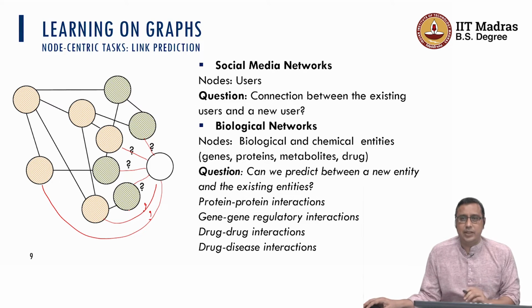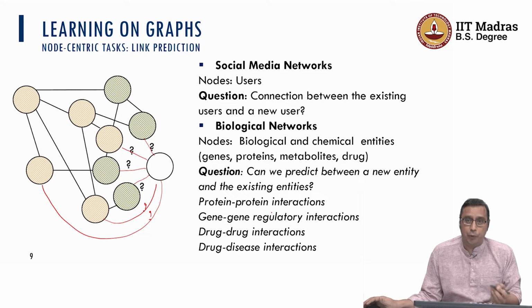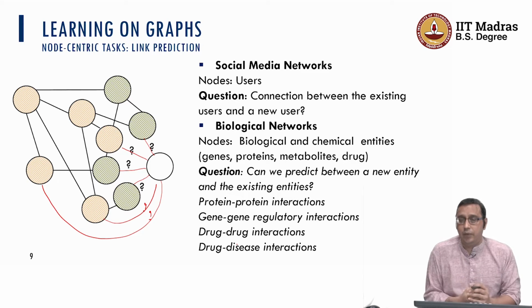The question we can ask is, can we predict an interaction between a new entity and the existing entities? For example, for protein-protein interaction we want to predict for a new protein. Gene regulatory interactions we want to predict. Drug-drug interactions sometimes we want to predict, particularly to understand the side effects and those aspects. Drug-disease interactions we want to predict, whether a new drug will be effective on a given disease based on past drugs which have been effective on these particular diseases.